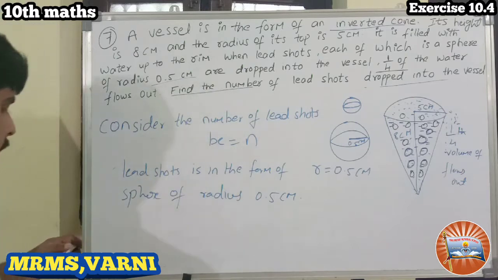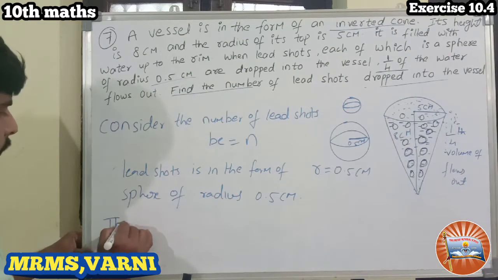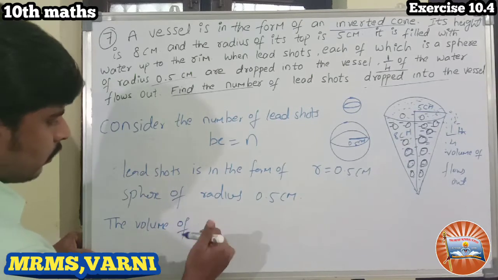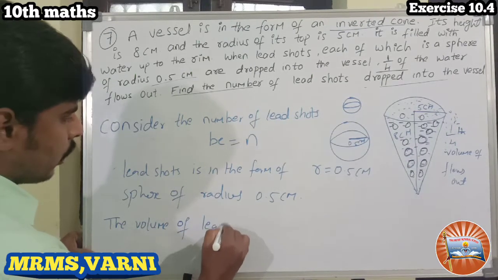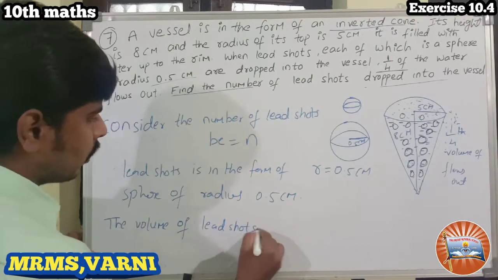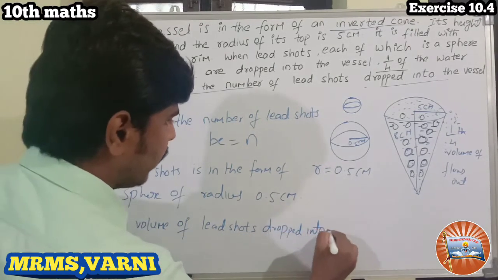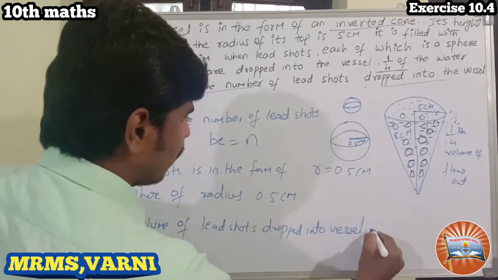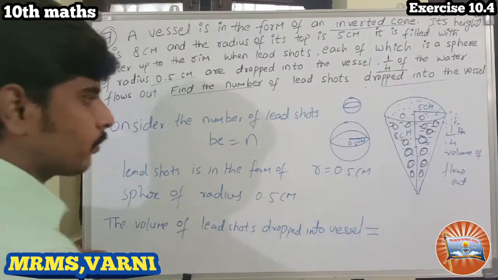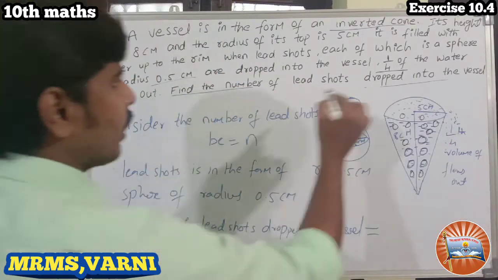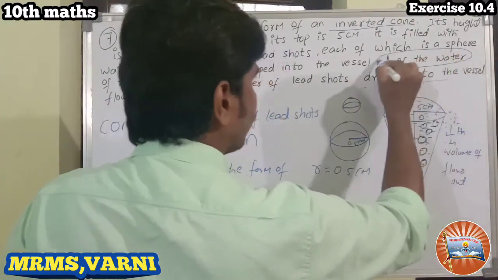So here the volume of lead shots dropped into the vessel is equal to how much water flows out, that is given already here. What is that? Yeah, 1/4 of the water.